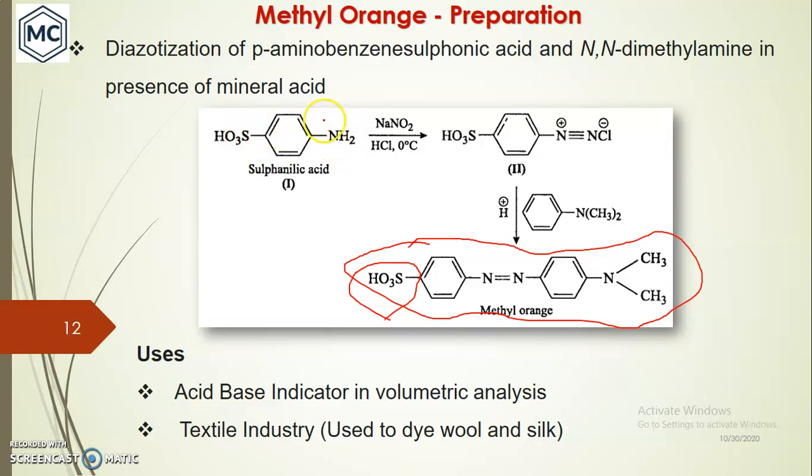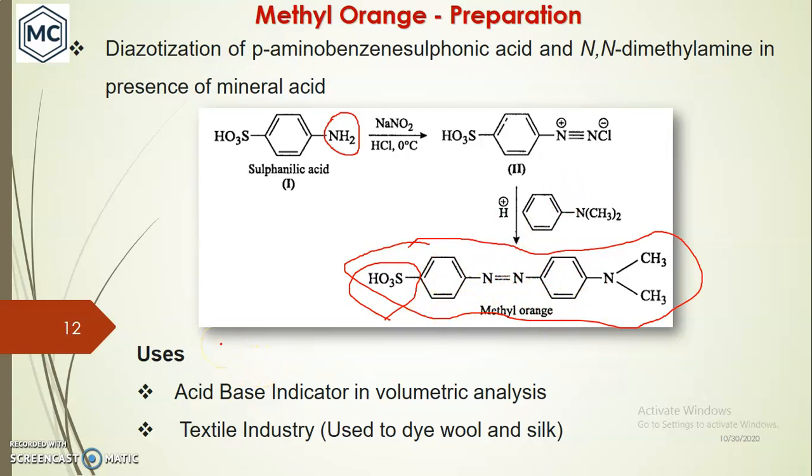First you diazotize it and convert it into the arenediazonium salt, N2+ Cl-, using the diazotization reagent, and then treating this compound with N,N-dimethylaniline forms methyl orange.